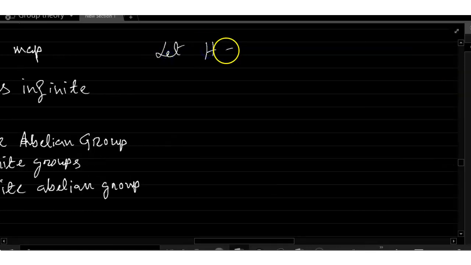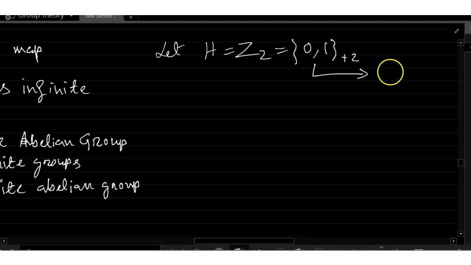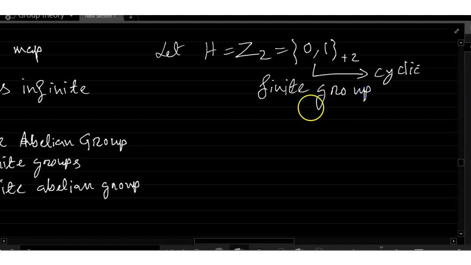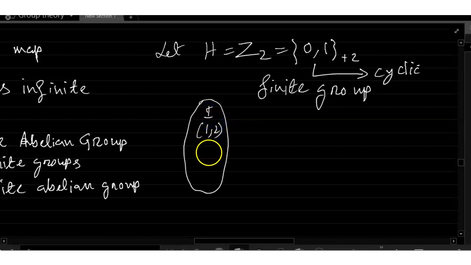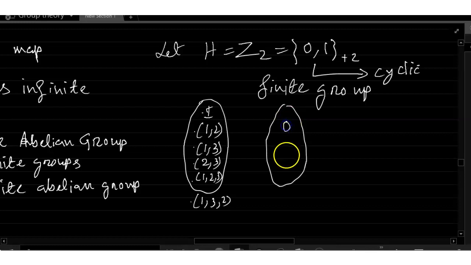There exists a cyclic group H such that G maps homomorphically onto H. Let H equal Z2, that is 0, 1 under addition modulo 2, which is cyclic and a finite group. This is the mapping: the six elements 1, 2, 1 3, 2 3, 1 2 3, and 1 3 2 map onto 0 and 1.